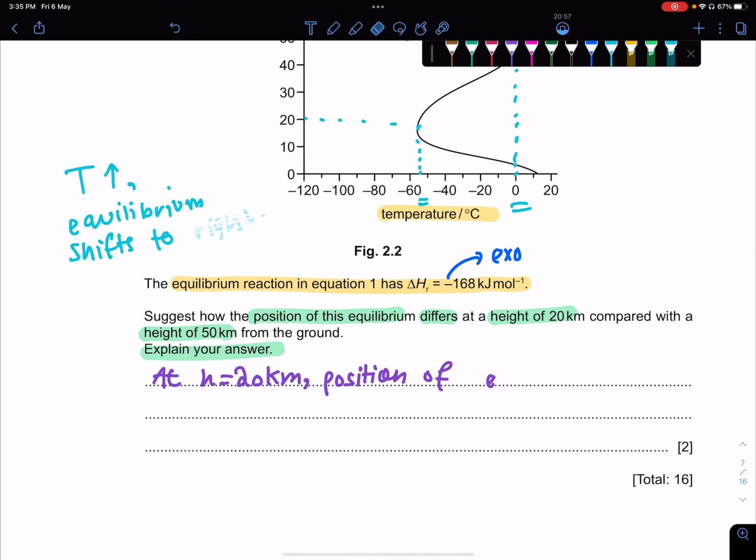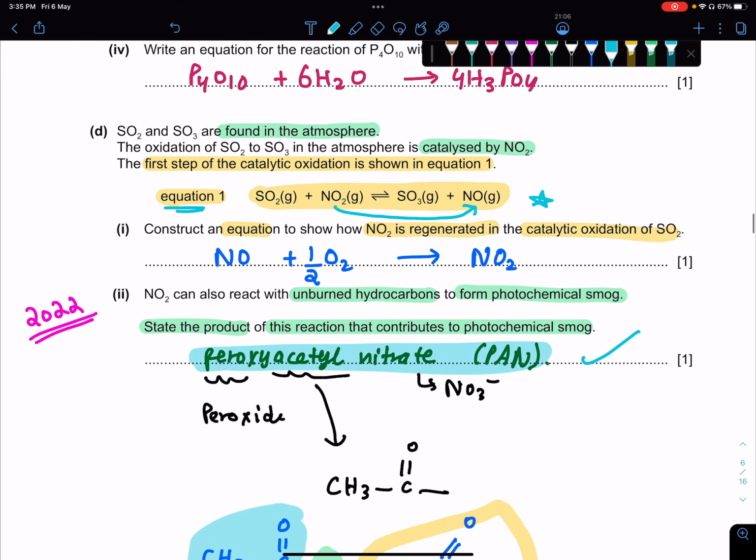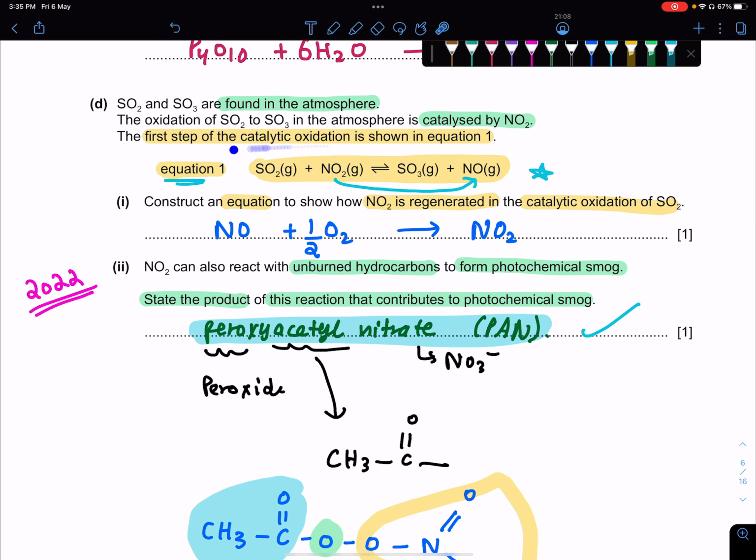When temperature increases, the position of equilibrium shifts to the left, actually, right? Because the forward reaction is exothermic, it is already releasing energy, and we increase the temperature. According to Le Chatelier's principle, the position of equilibrium will shift in such a way as to oppose the increase in temperature.